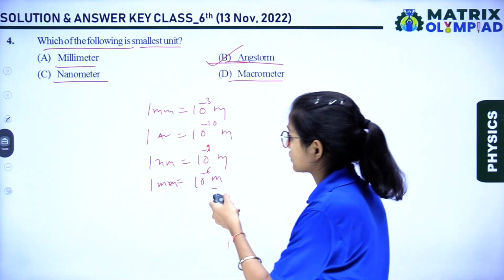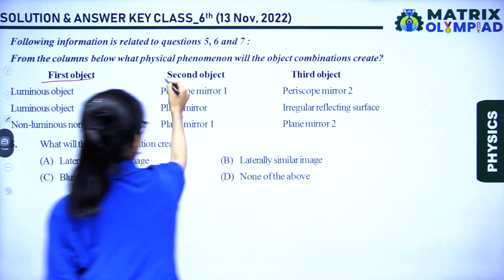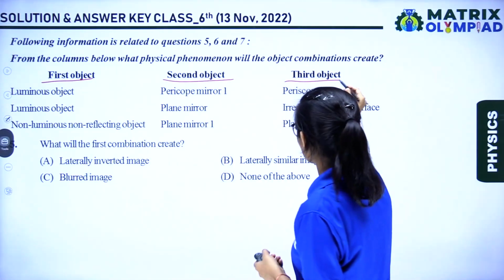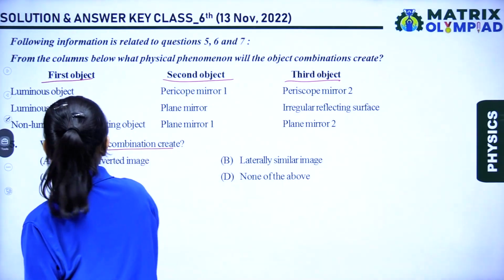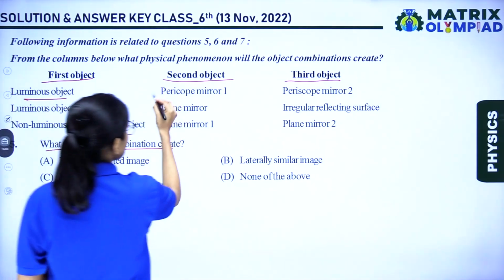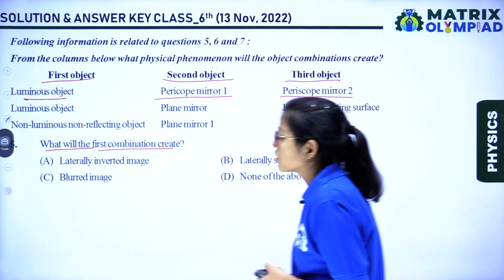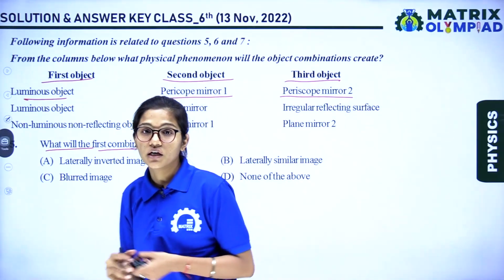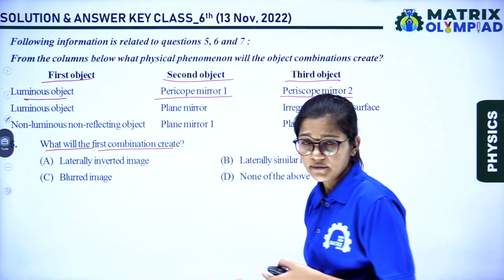Now let's come to question number 5. In question number 5, there is a first object, then a second object, then a third object, and we have to tell what the first combination creates. The first object is luminous, and then the second is a periscope mirror. In a periscope mirror, two plane mirrors are used, and they are placed at 45-degree angles.